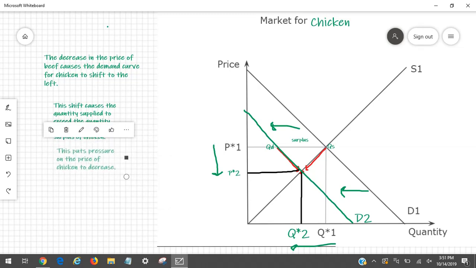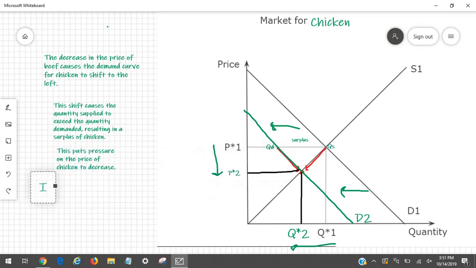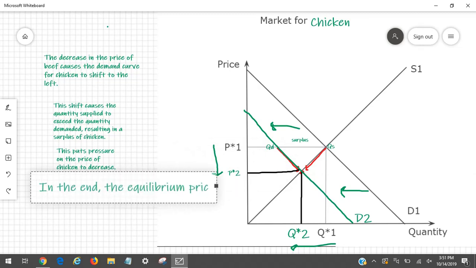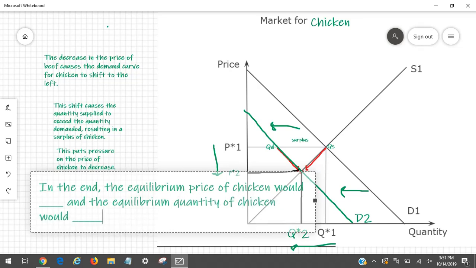Okay. And then the last part would say, in the end, the equilibrium price of chicken would blank and the equilibrium quantity of chicken would blank.